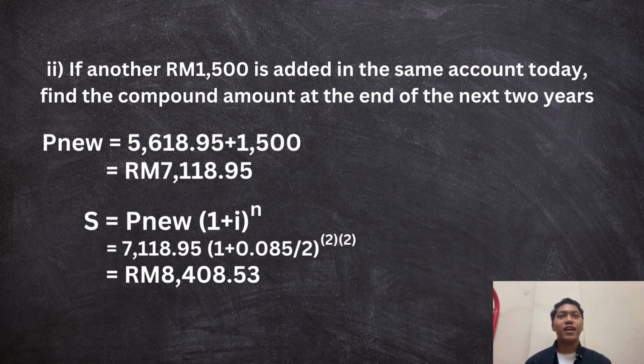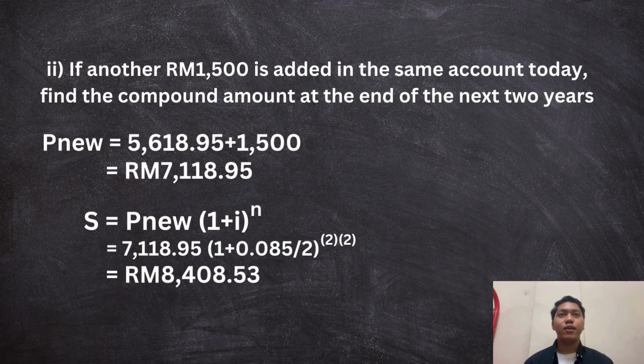Then we need to find the compound amount at the end of the next 2 years, which is the amount for S. So we need to use the formula S equals P new times (1 + i)^n, and insert the amounts into the formula.